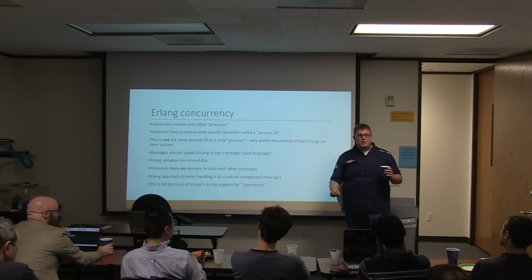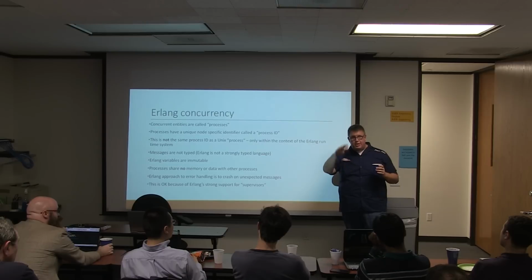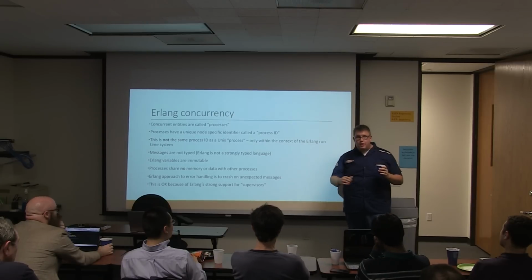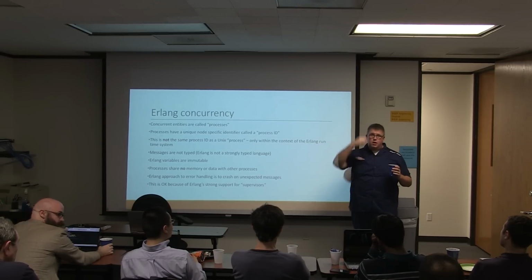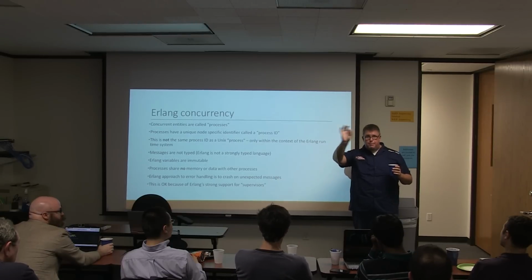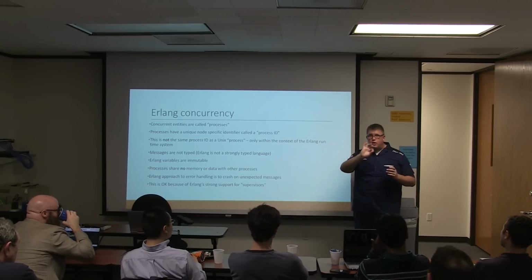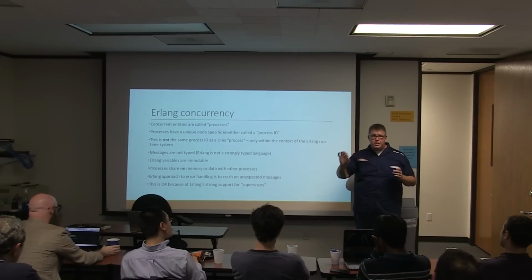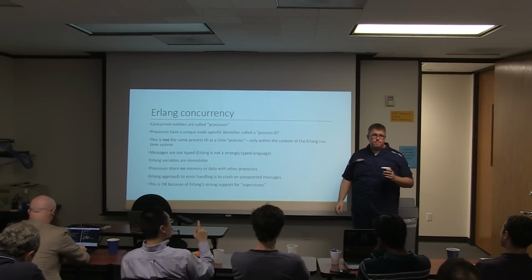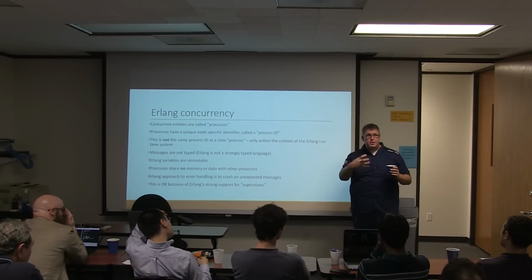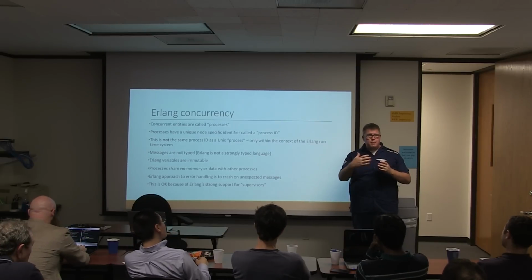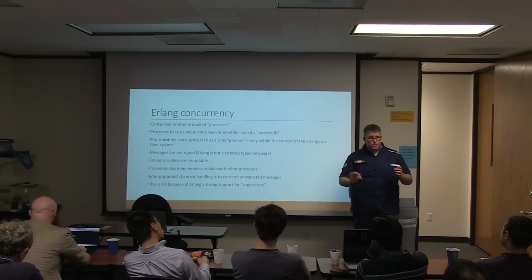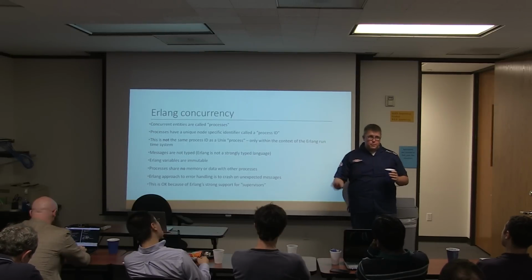So the answer to your question, Chris, is that when you go through an entire section of code and you want to call it again, you put the modified state in the new call, and then that state gets changed at the top level of your function. So as you go into the function, the recursive call will have the new state entered into it. It sits within the process memory itself. So all the memory is completely allocated on a per process basis, and it's collected on a per process basis.